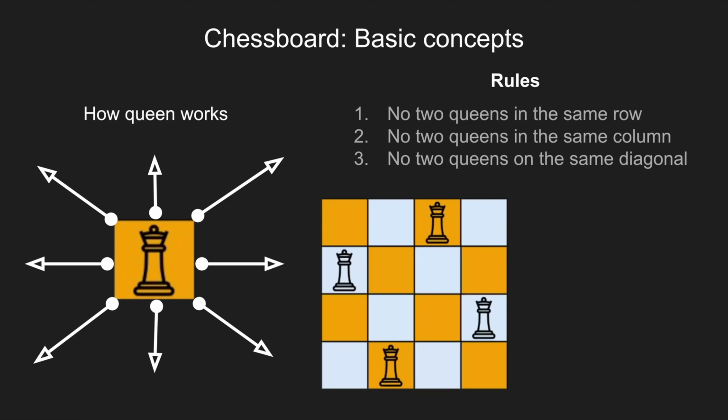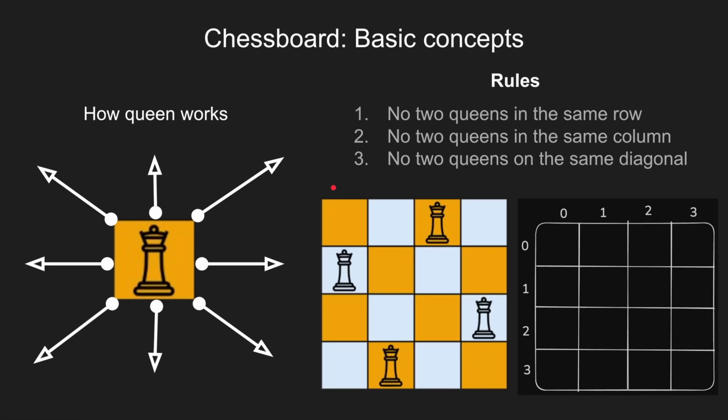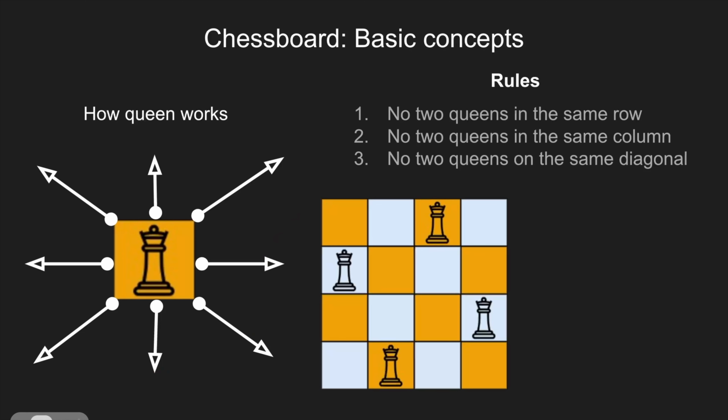If we validate the rules for the given configuration in the image example, for n is equal to 4, we need to put 4 queens in this chessboard. If we see the first row, the queen is placed in the third column and she can attack in this first row.